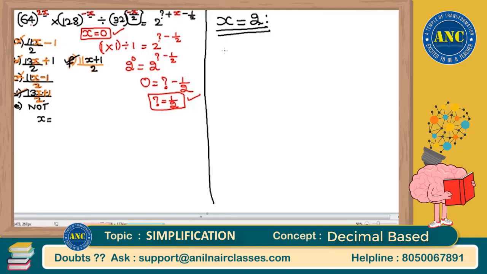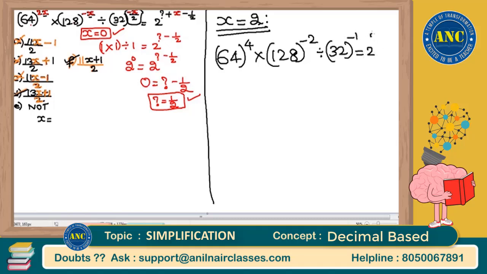64 to the power of 2 into 2 is 4, 128 to the power of minus 2 divided by 32 to the power of minus 2 by 2 is equal to 2 to the power of question mark plus 2 minus 1 by 2, which is 3 by 2.